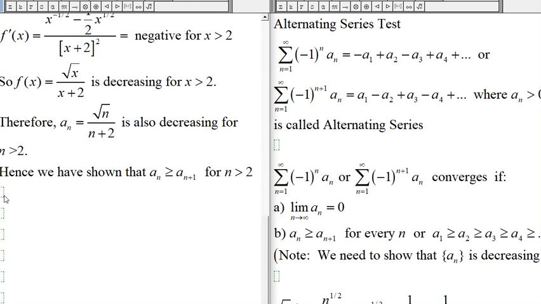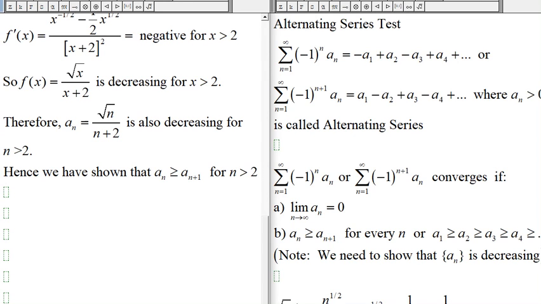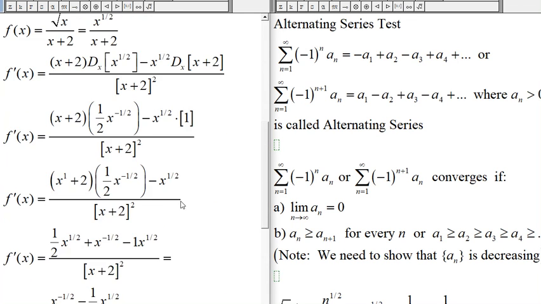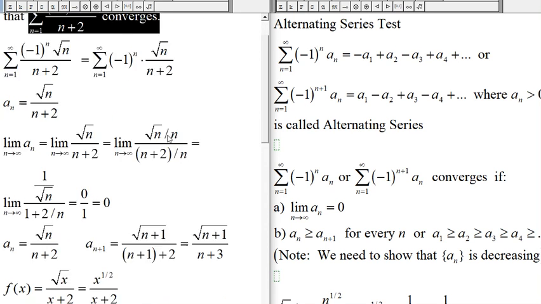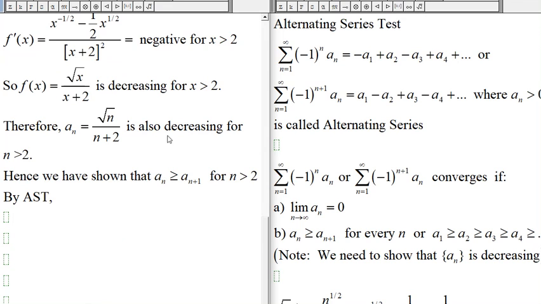And so now that we have shown both conditions, we have shown that the limit of a sub n is equal to 0, and we have shown that a sub n is greater than or equal to a sub n plus 1. And so by the alternating series test, the original series, this series right here, converges.